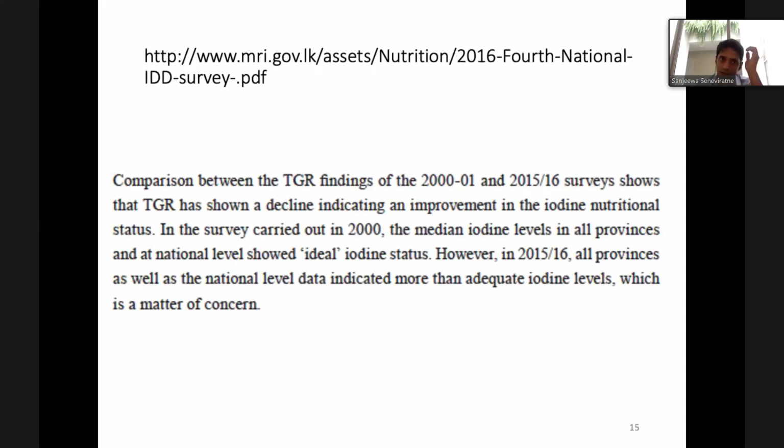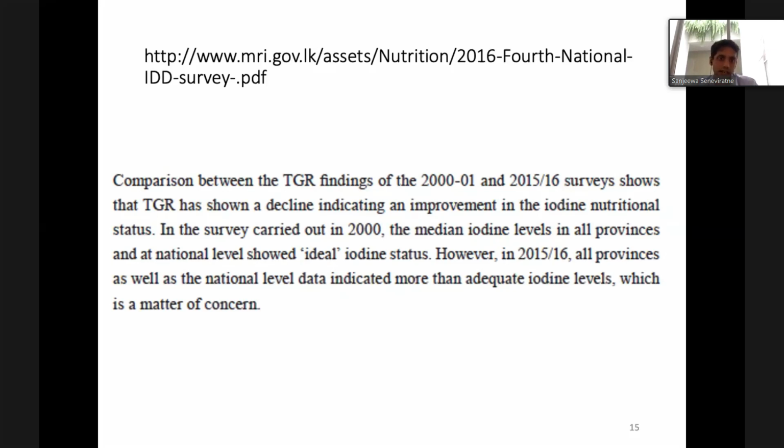I will just show you the concluding statement of this document. What they say, in the last sentence, is that all provinces as well as the national level data indicated more than adequate iodine levels, which is a matter of concern. So in fact, we have much greater amounts of iodine in our body than we require because of excessive salt iodination. Some people believe that is a cause for the excessive numbers of patients with thyroiditis in Sri Lanka.